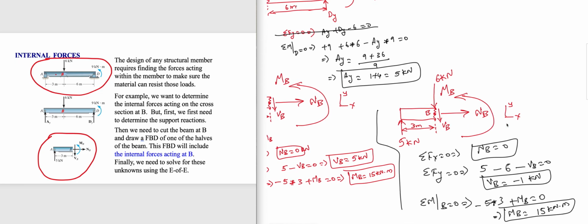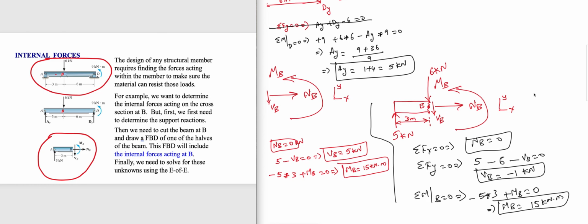So MB is 15 kilonewton times meter. So if you look at these both, NB remained the same, MB was also the same, but the difference was in VB, the shear force. There is a difference in the shear force if you made a cut just to the left and just to the right.